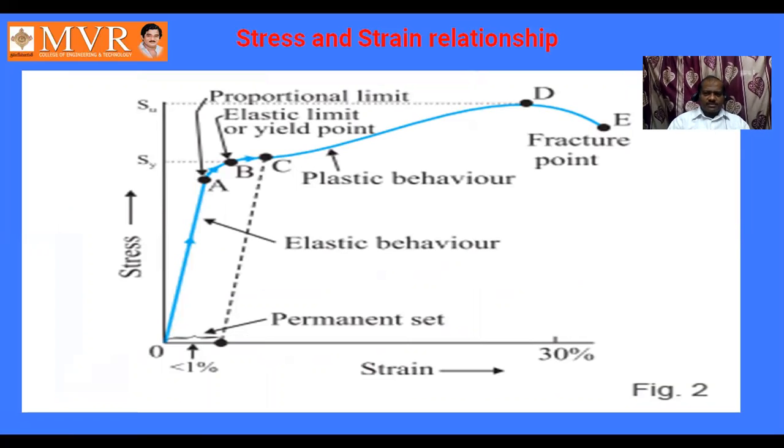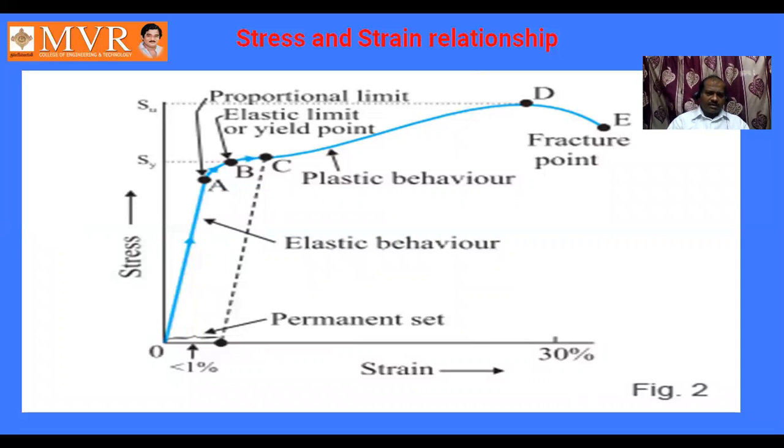If you observe this slide, it's a very important diagram. Stress versus strain. If you observe, 5 points are mentioned: A, B, C, D, E. What is the importance of these 5 points? For example, point A is the proportionality limit.